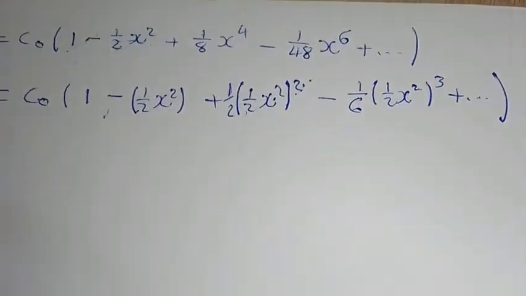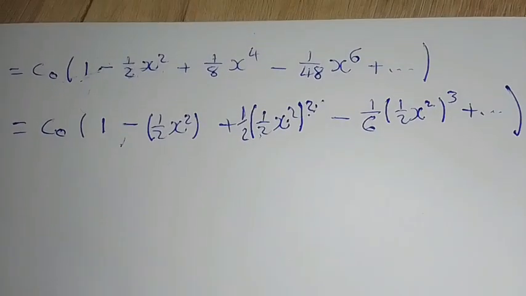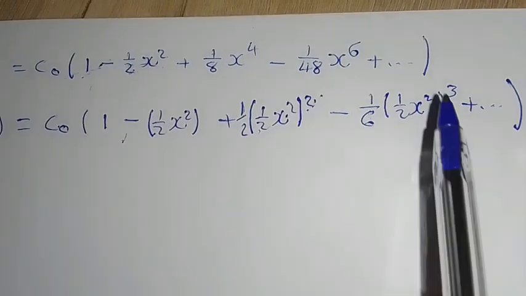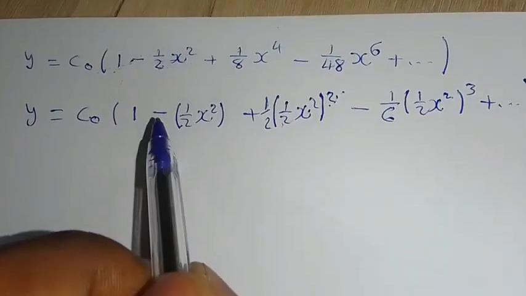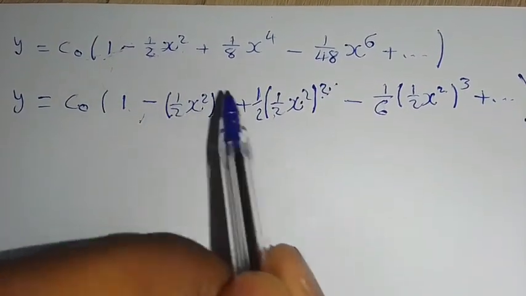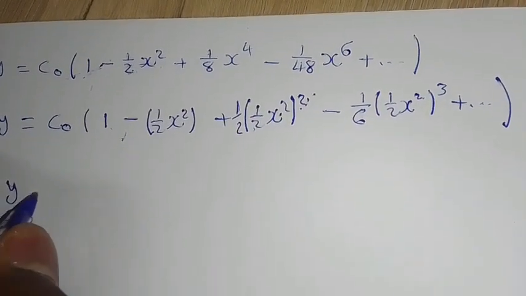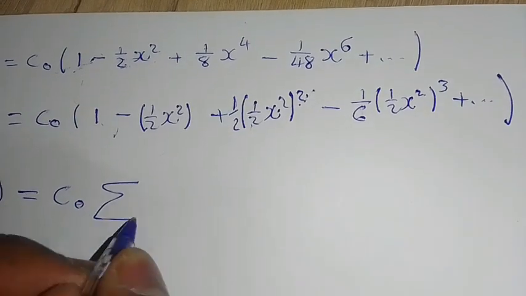Like I said, identifying the pattern, you really need to think outside the box on that one. But then here's the pattern. This is what basically happens. But notice that this thing alternates. Positive, negative, positive, negative, and it's just going to progress like that. So y equals c naught multiplied by the summation.